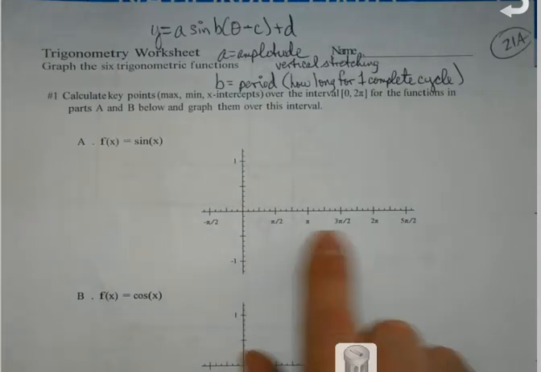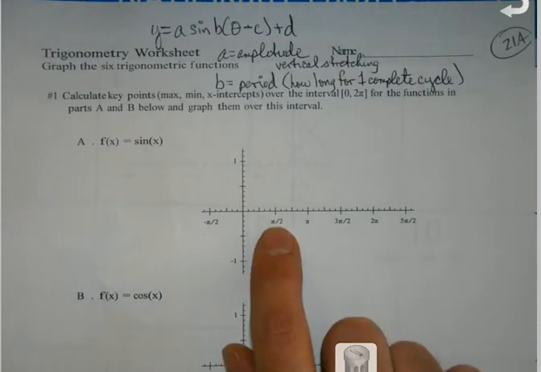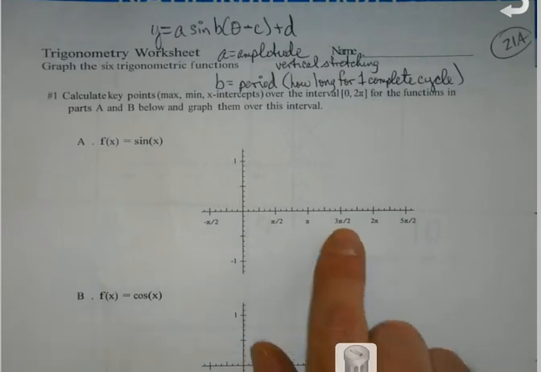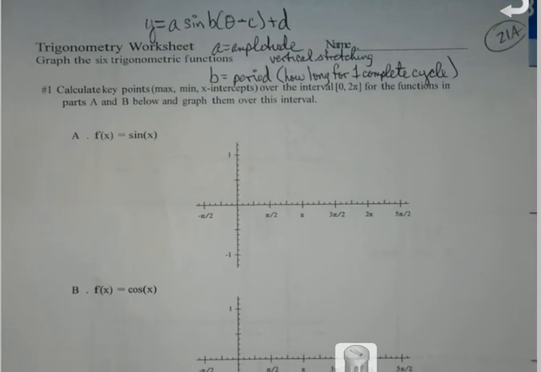You may notice I put some select values in on your graph down here: 90 degrees, 180, 270, 360. They're all in 90-degree increments. There's a reason for that. Those are going to be where you're going to find your whole number values for sine and cosine.